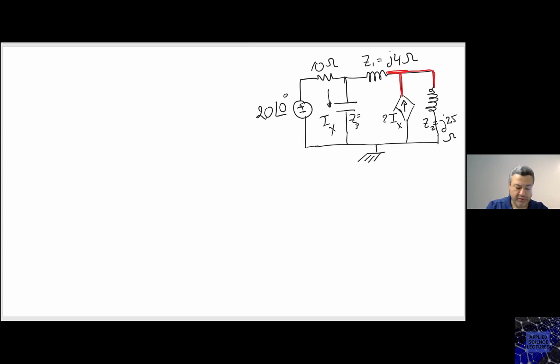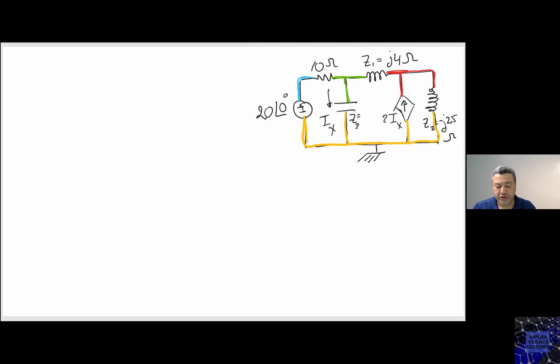This is a node. It's a node. It's a node. That's it.